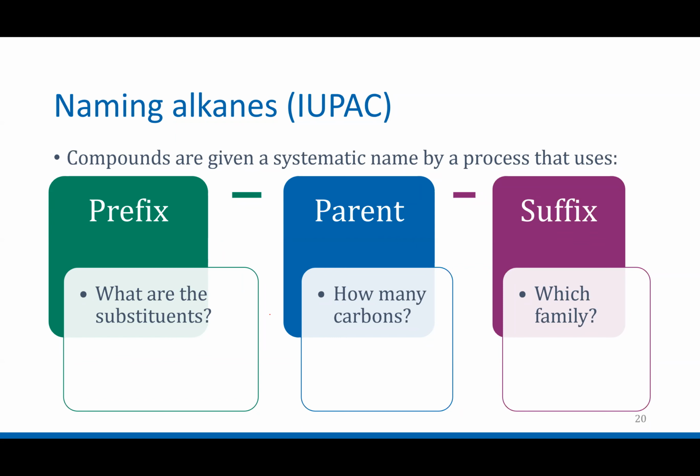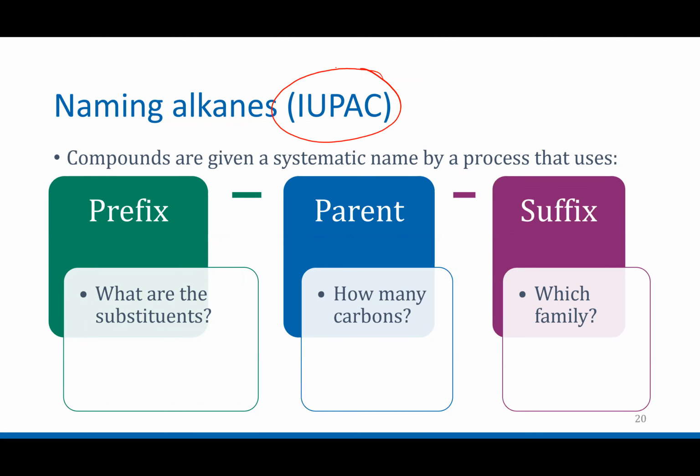We're using a systematic method of naming, and it really ties into IUPAC. If you remember this from chemistry 1120 or 1121, this is the International Union of Pure and Applied Chemistry. These are names that are accepted all over the world. It's like the metric system of chemistry, of naming in this case.